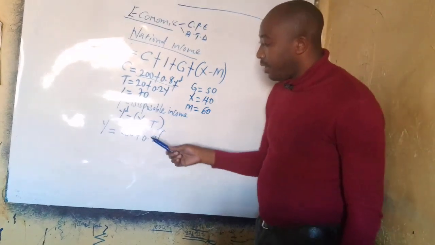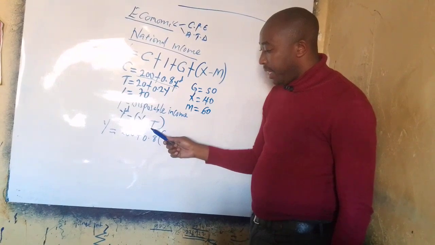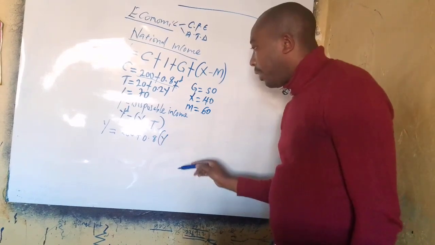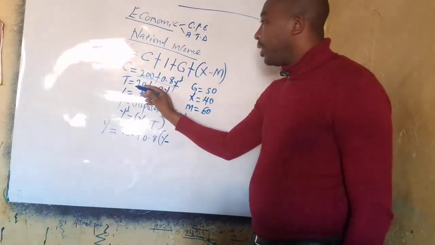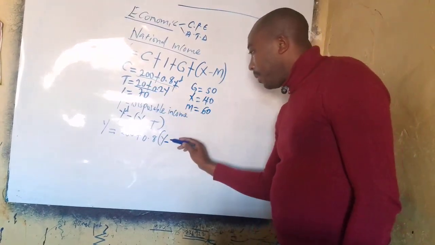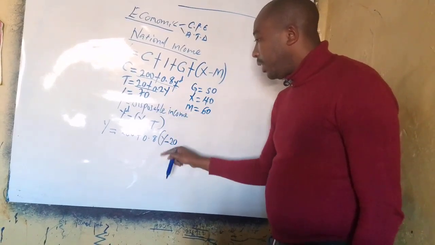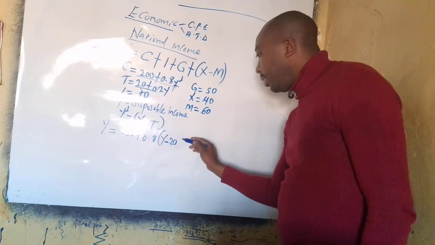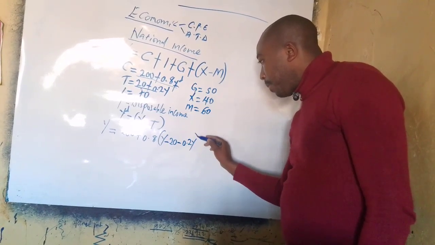And since we have agreed that disposable income is equivalent to Y minus T, here I write Y minus tax, and I have the equation for tax, which is 20. Of course, when I take minus tax, I'm minusing the entire of this, meaning it is minus 0.2Y.